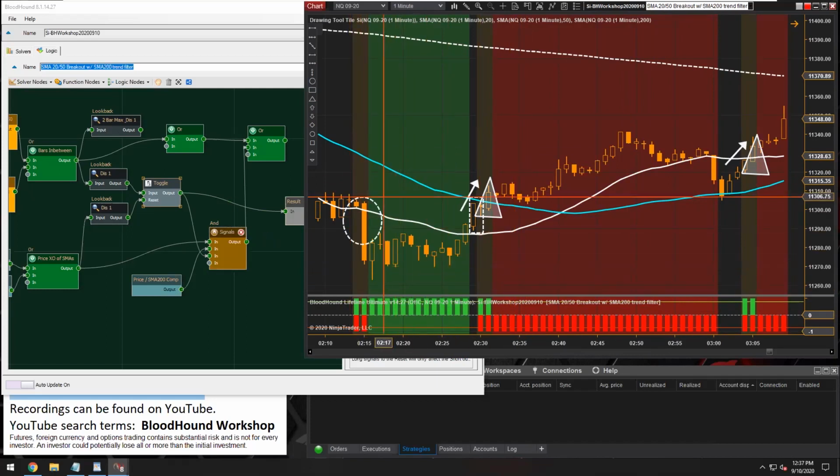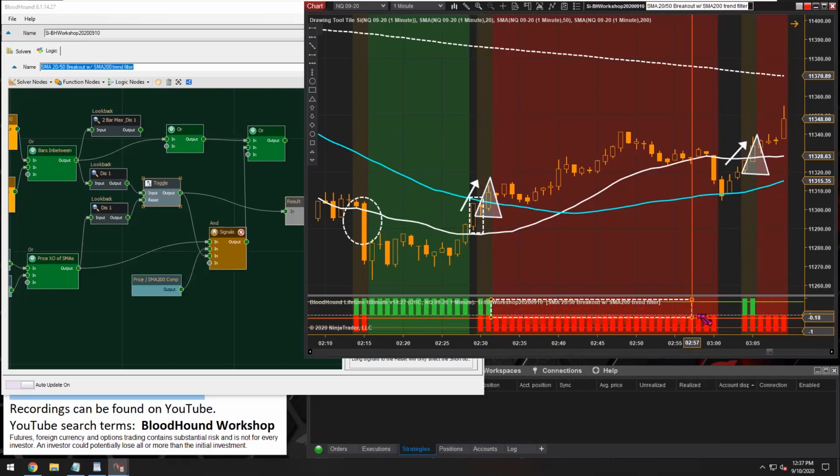Actually, what's happening here is the long output of the toggle node is getting turned off.